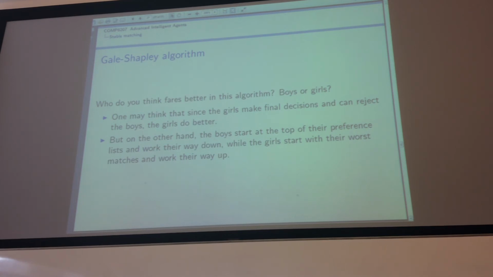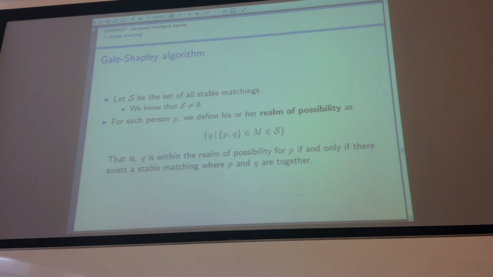And girls may start from the very bottom, and if they're lucky to get more proposals, they improve their situation. And it's not just better or worse, it's actually quite bad and quite good. So let us put it formally.